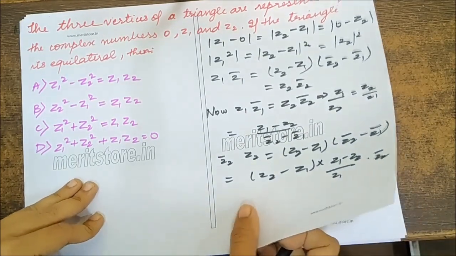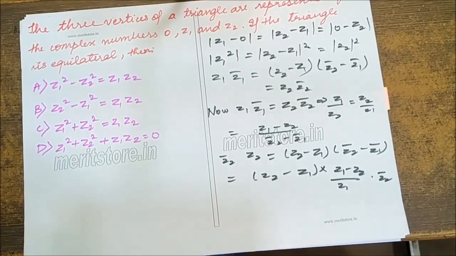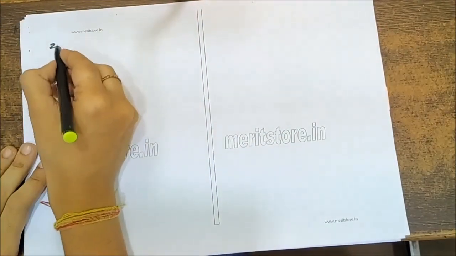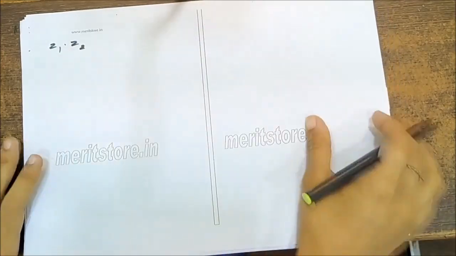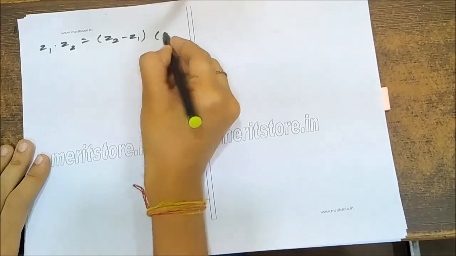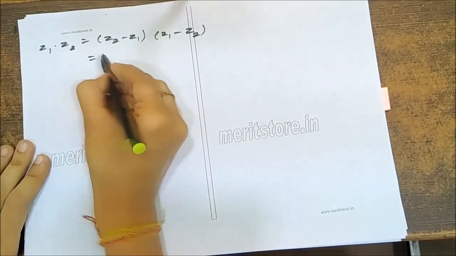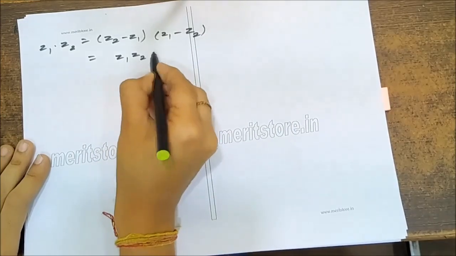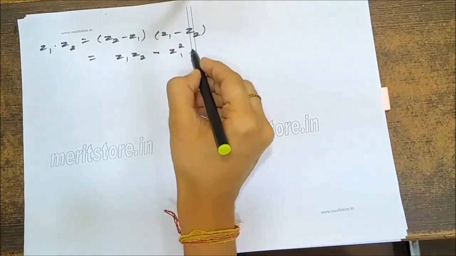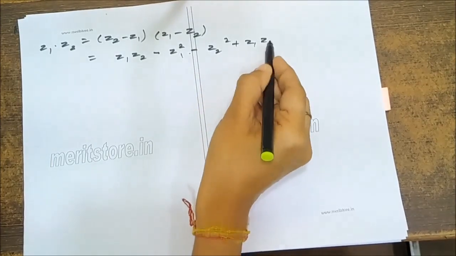After this, z1 into z2 is equal to z2 minus z1, z1 minus z2, that is equal to z1 z2 minus z1 the whole square minus z2 the whole square plus z1 z2.